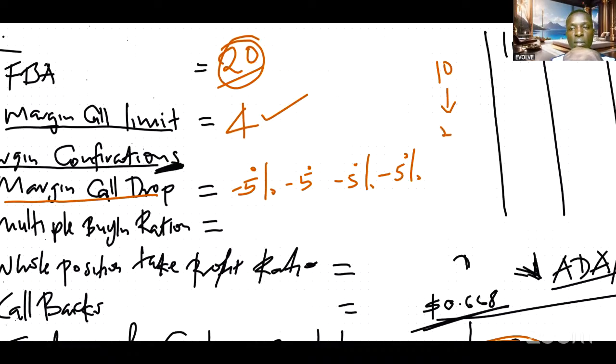The third position, the robot will double it, and it will be $40. The fourth position, the robot will double, and that will be $80. So question: is $10 good for a first buying amount for his capital? Some answers in the chat.